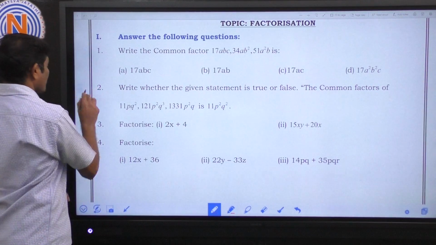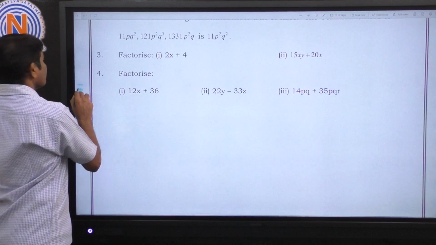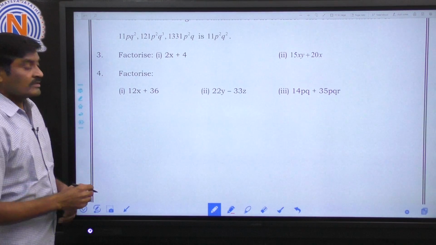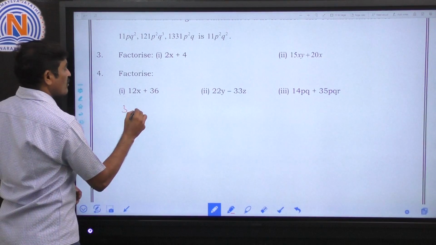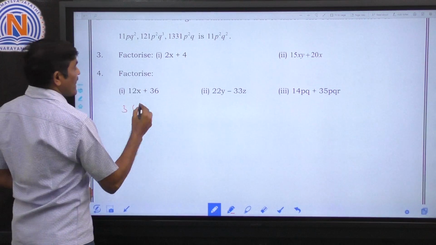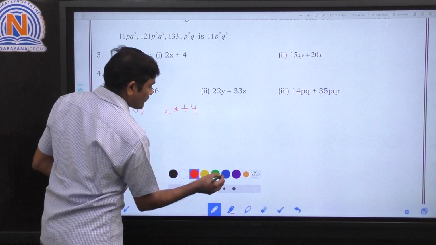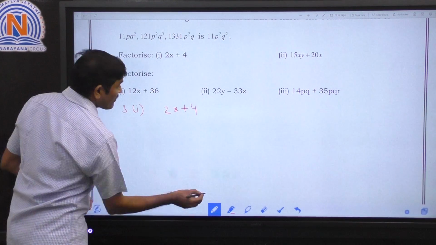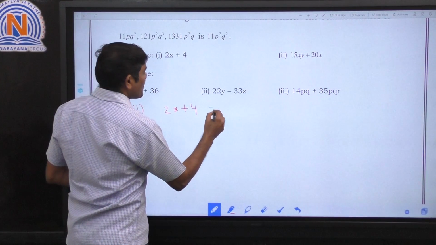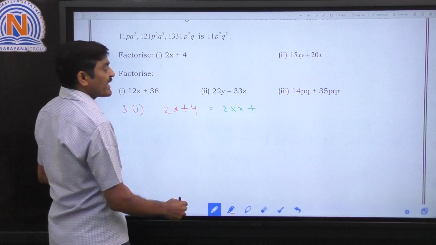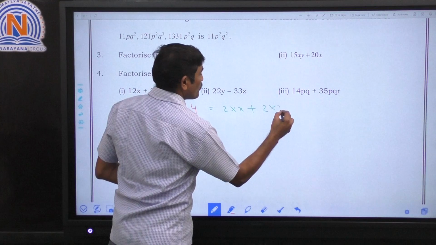Now the third one, factorize 2x plus 4. Third, Roman first one. Factorize 2x plus 4, this is the question. Now 2x can be split into 2 into x, plus 4 can be split into 2 into 2.